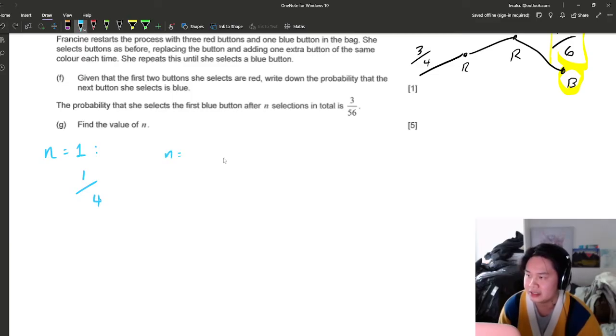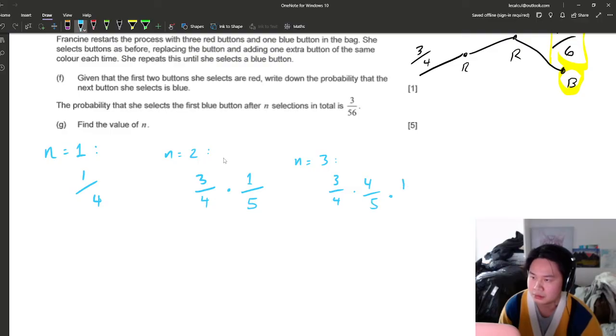If n is 2, then that means that she first selected the red one, and then she selected the blue one. 3 is red, red, blue.